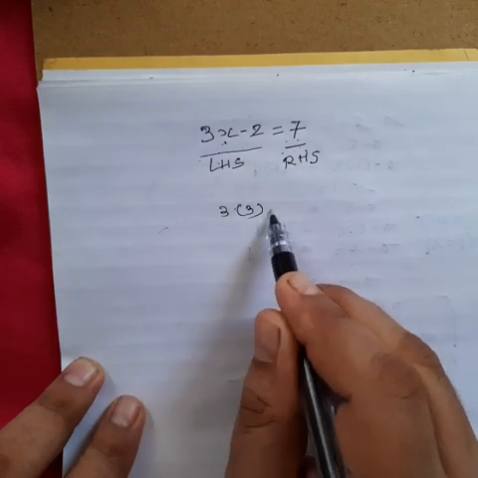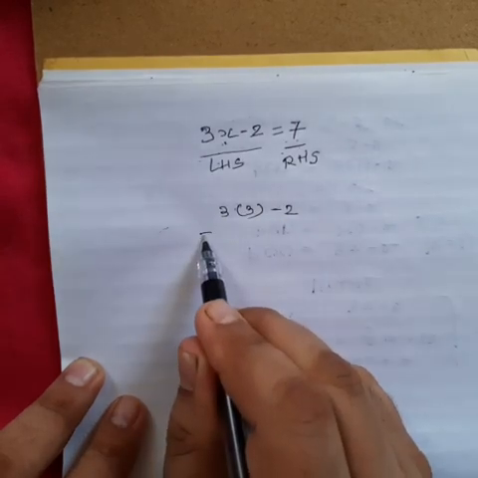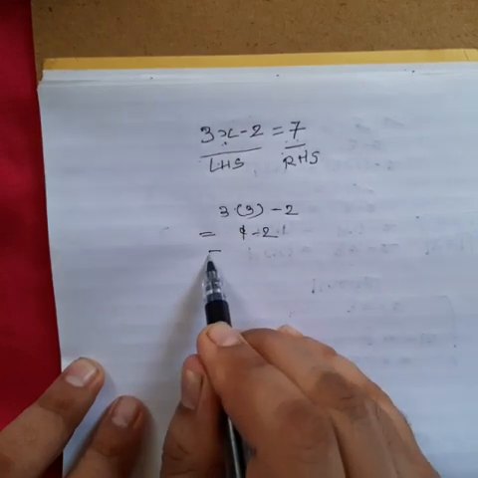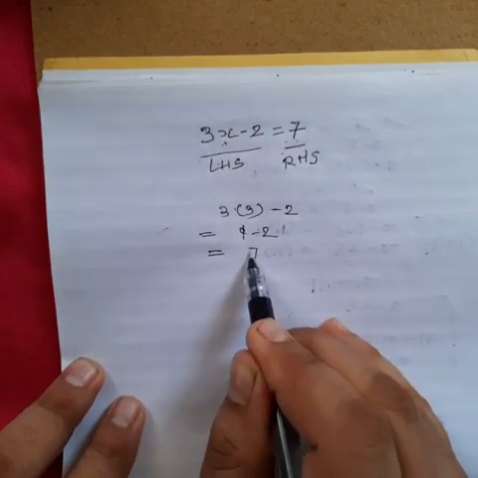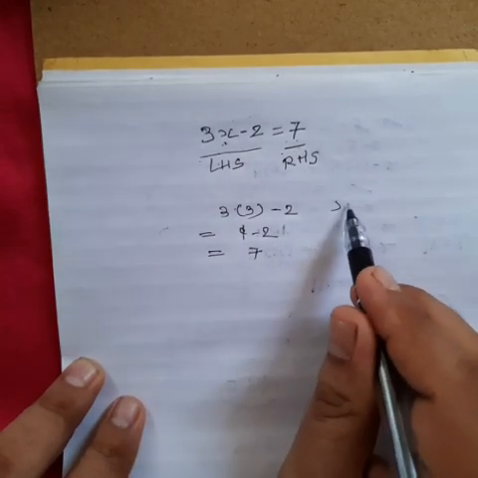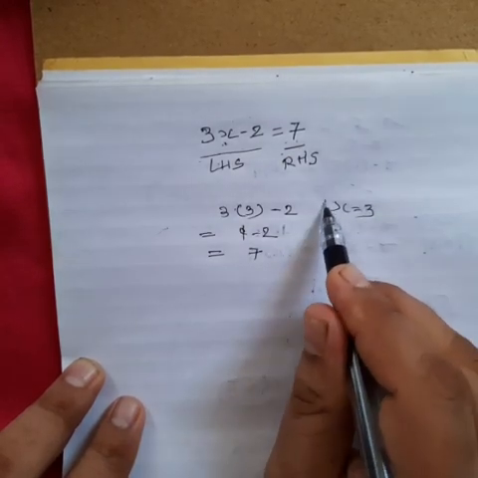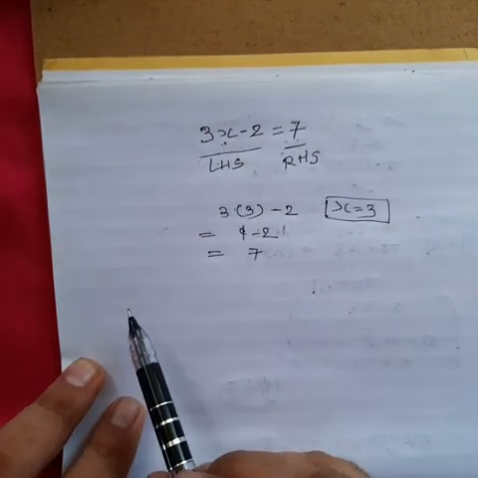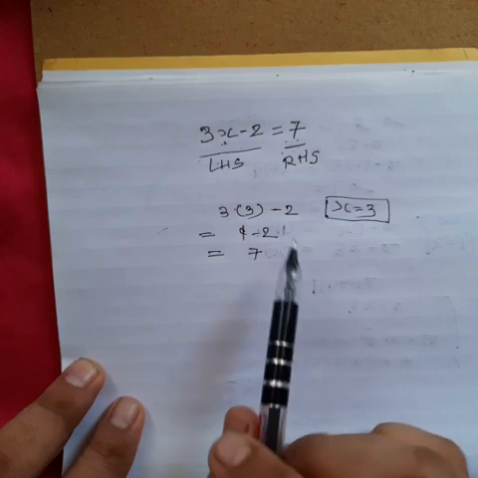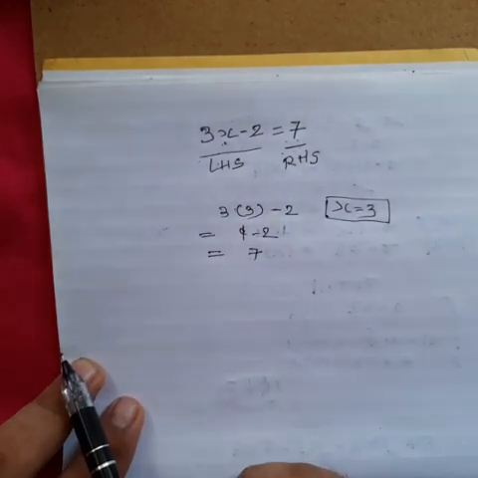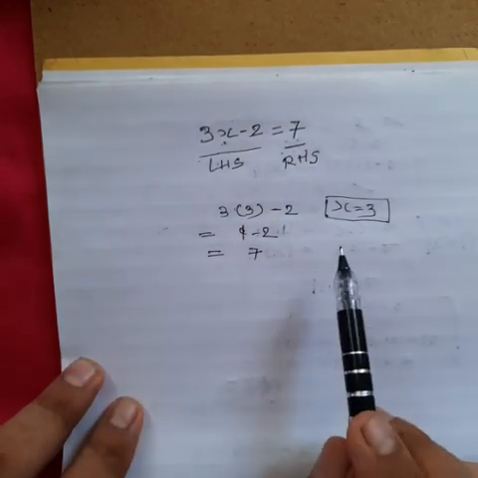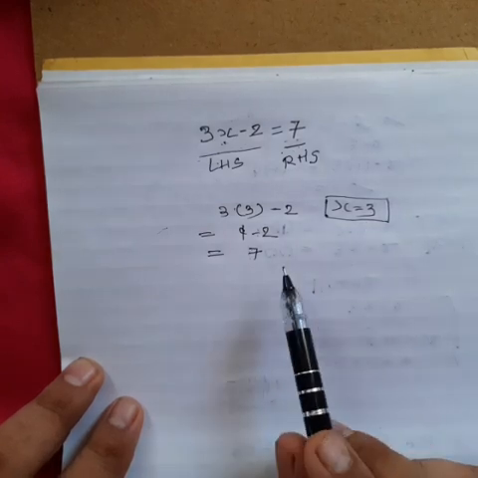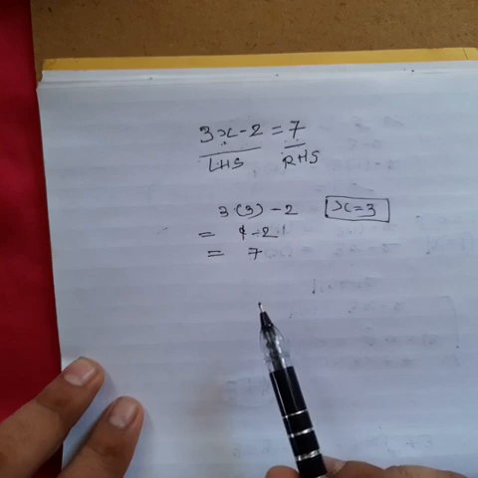So 3 into 3 minus 2: 3 threes are 9, minus 2 is equal to 7. So for x is equal to 3, if you plug the value into the given equation, you get the right hand side, that is 7. So here x is equal to 3 is considered the solution of the equation.